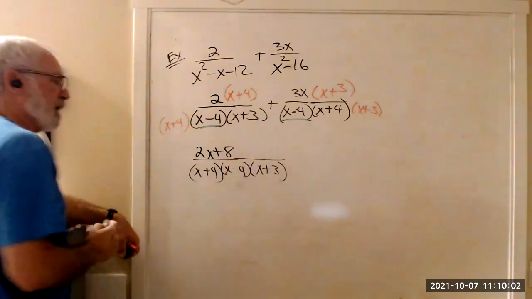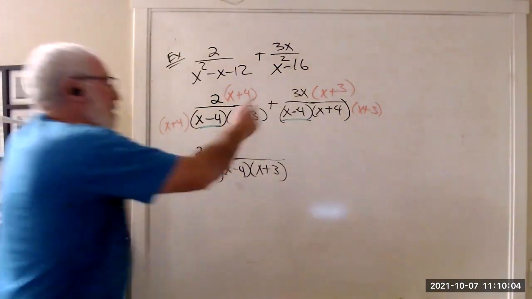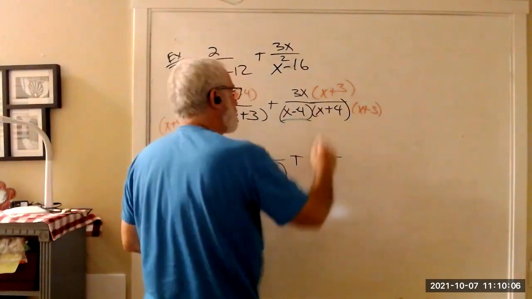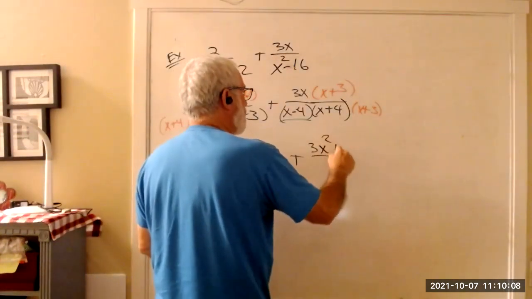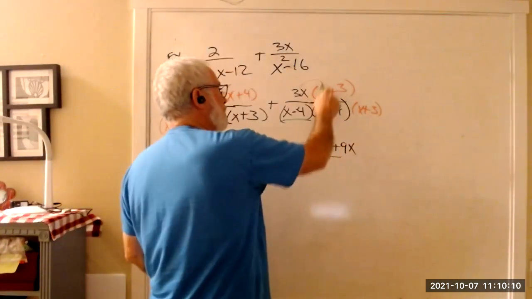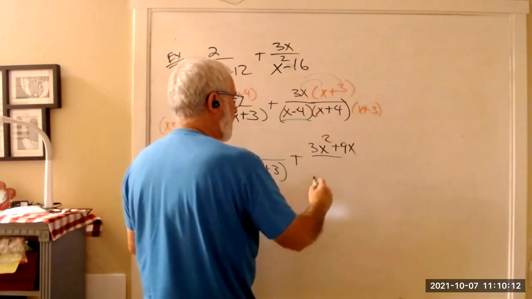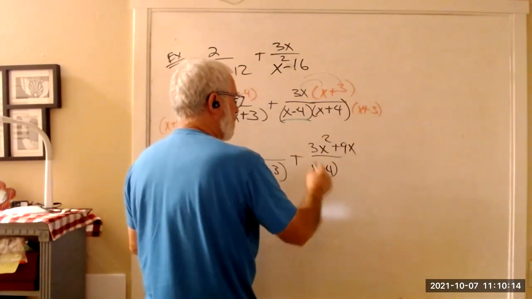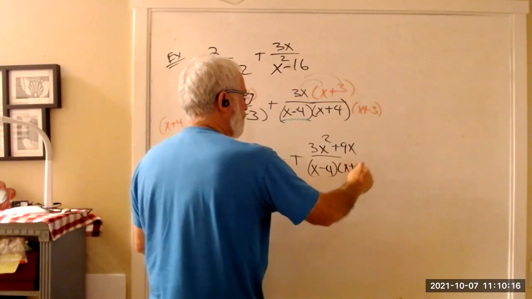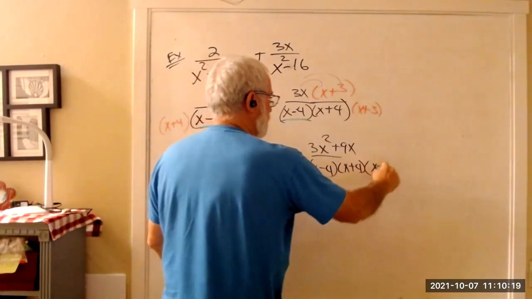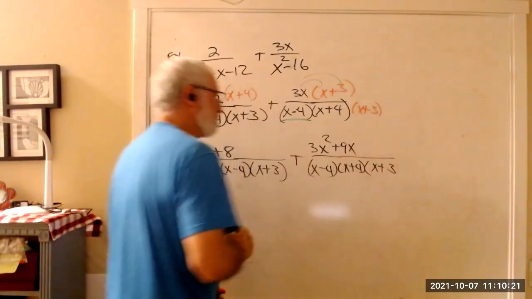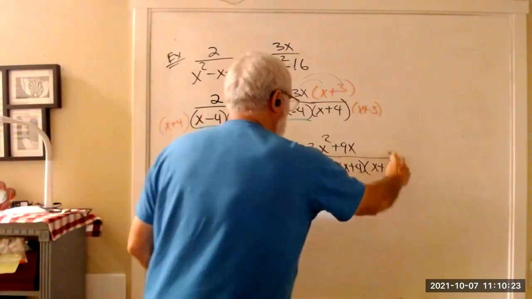Thank God we do not have to multiply that together. Plus this mess, 3x squared plus 9x, because we distribute over the same mess, x minus 4, x plus 4, x plus 3. Oops.